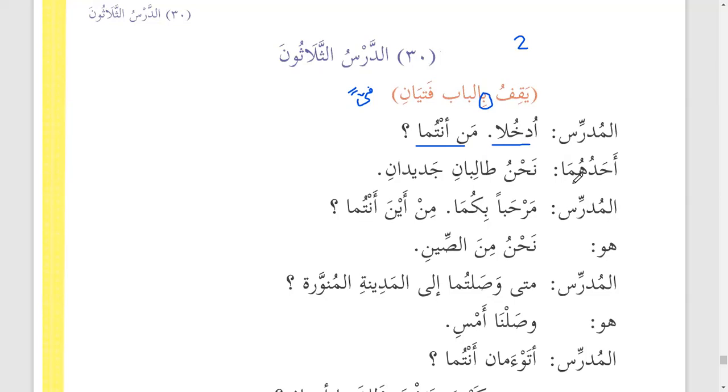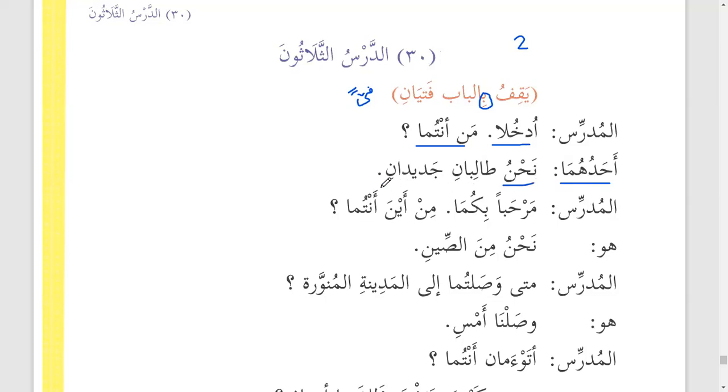Ahaduhuma: nahnu talibani jadidani. We both are new students. Excellent. Ahaduhuma, one of them answered. He says nahnu talibani jadidani. And now you can see here that for the dual also we have to use nahnu.